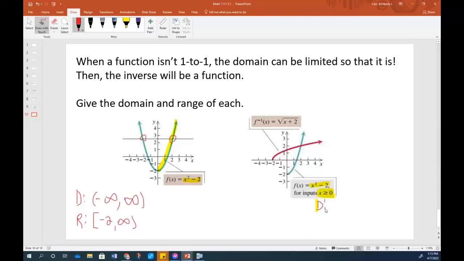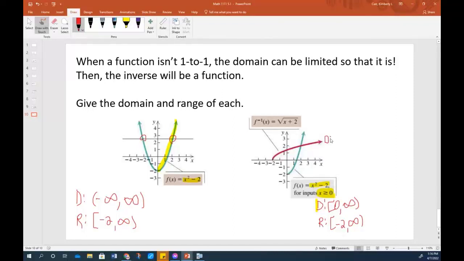Over here, the domain for this green one, since it said x is greater than or equal to 0, starts at 0 and goes to infinity. Now the range of this one actually remains unchanged. It goes from negative 2 up. But they've limited the domain so that when we do the inverse it is also a function.